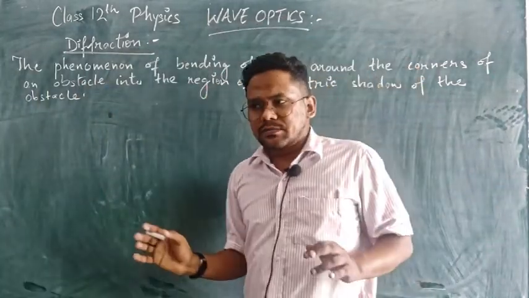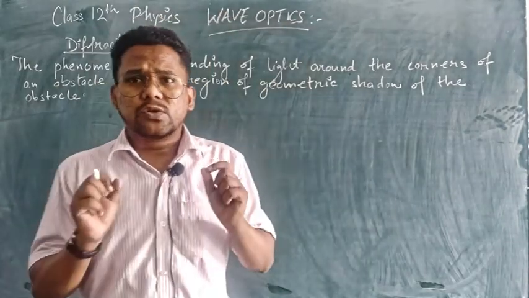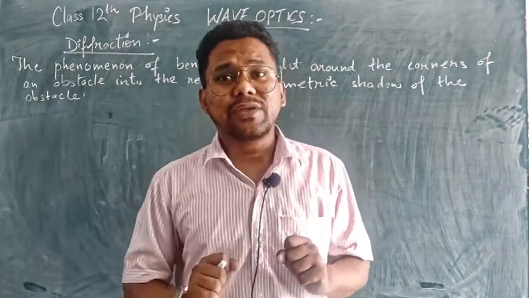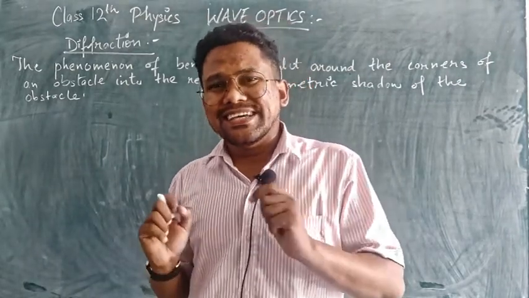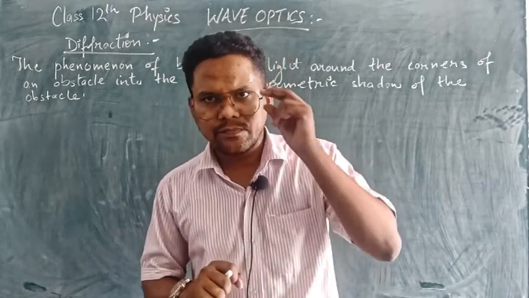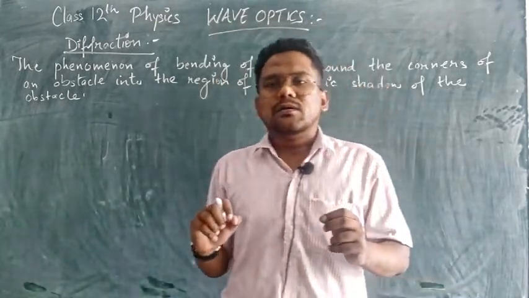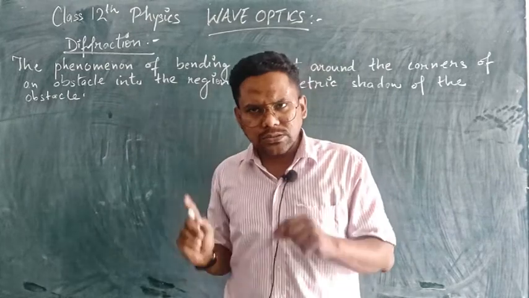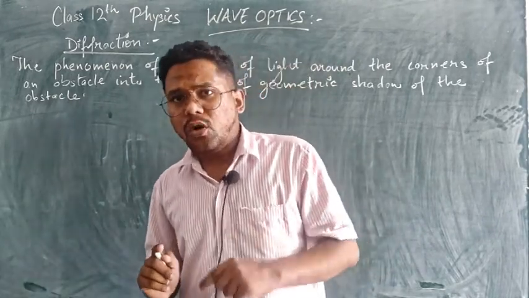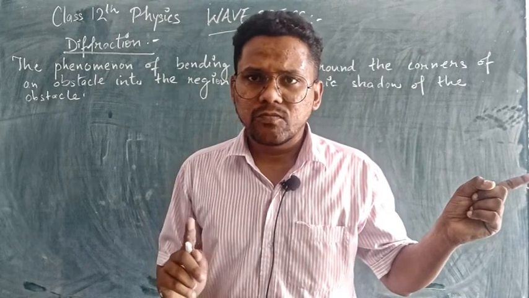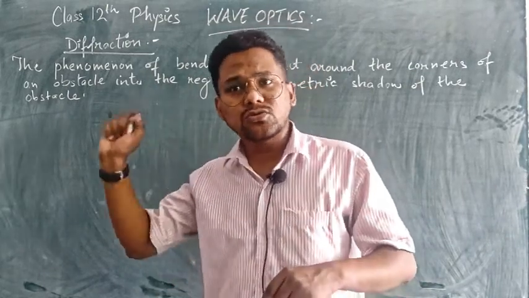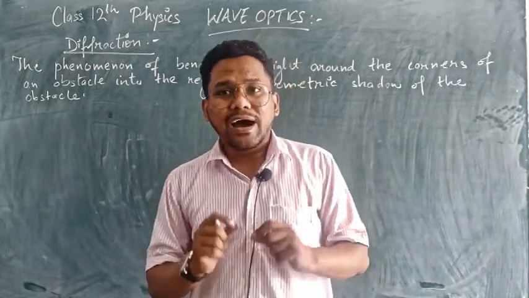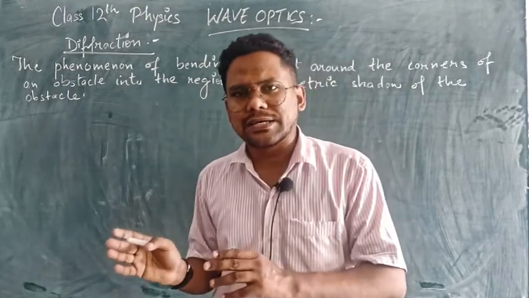So this is diffraction. Now there are two types of diffraction. One is Fresnel diffraction and the other is Fraunhofer diffraction. In Fresnel diffraction, either the source of light or the screen or both are at finite distance from the obstacle.